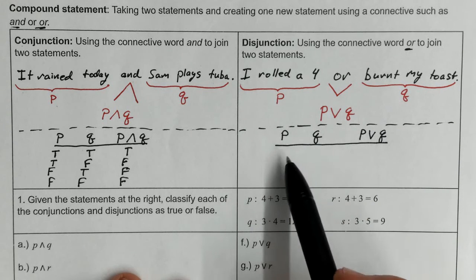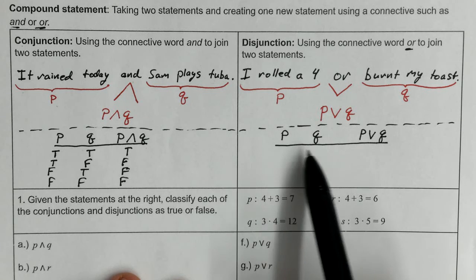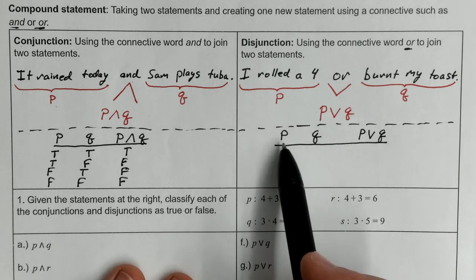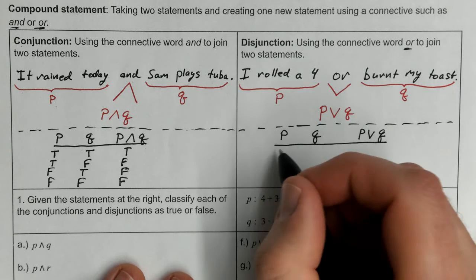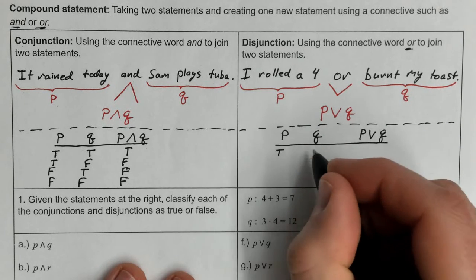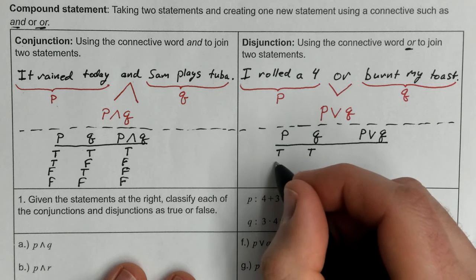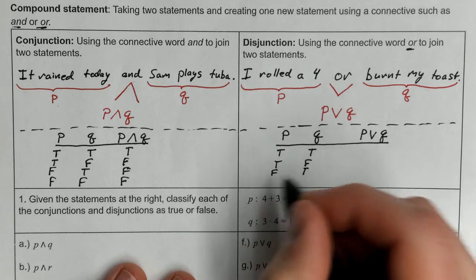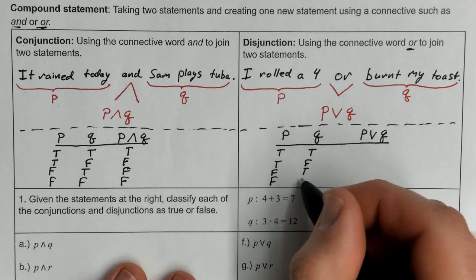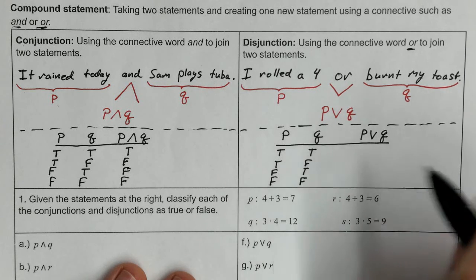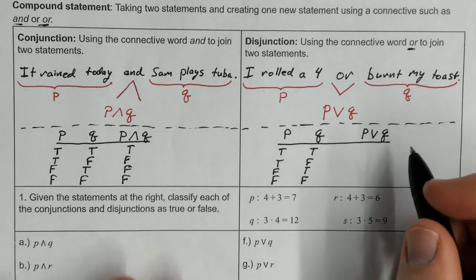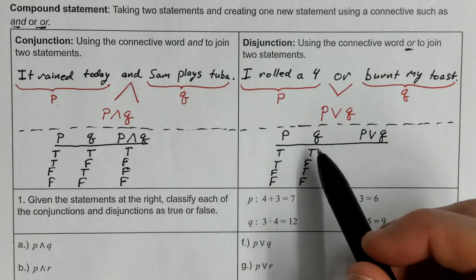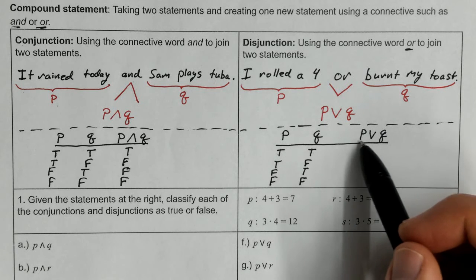Now, make sure if I'm going too fast that you pause at different parts and copy stuff down. That's the advantage of this being on video. So let's look at the truth table. Again, the combinations for P and Q here are true, true, true, false, false, true, and false, false. Okay, so P or Q. If both P and Q are true, then the entire statement is true.